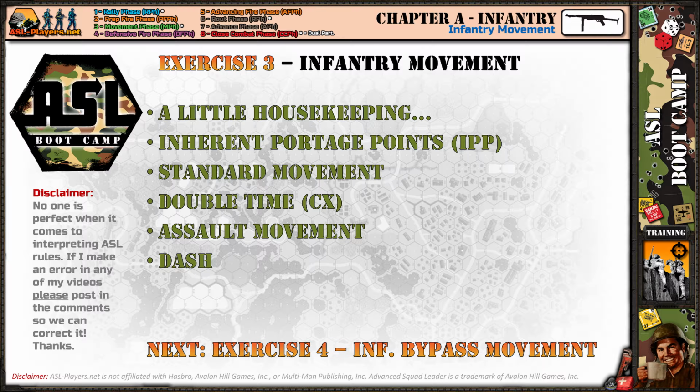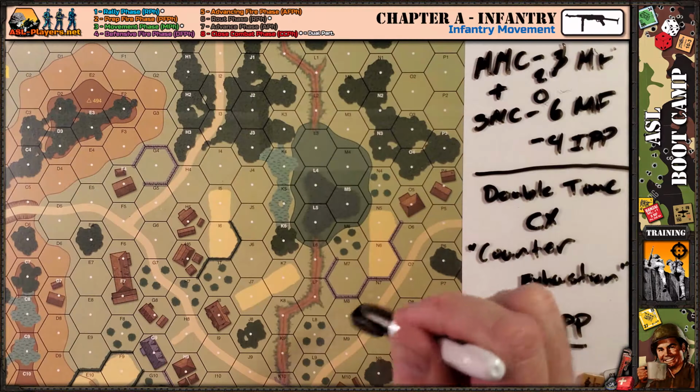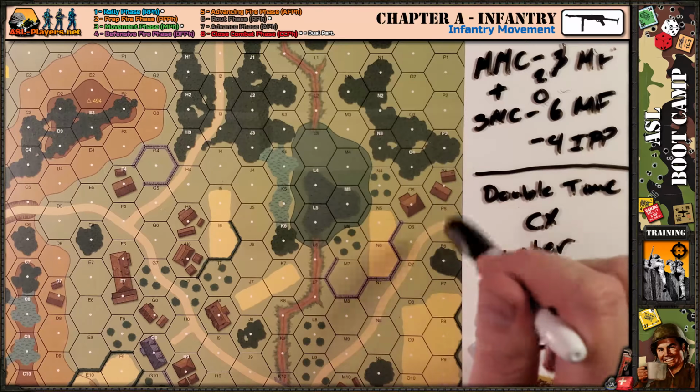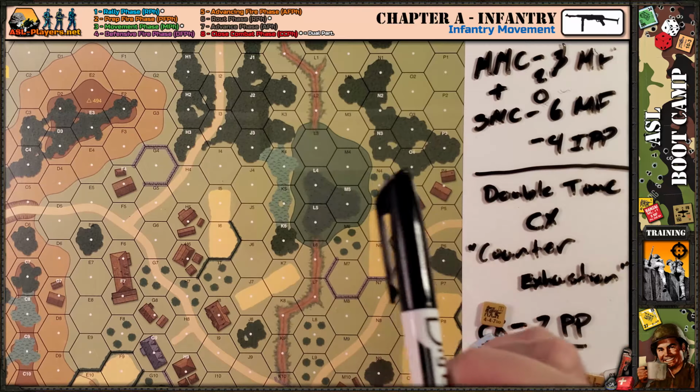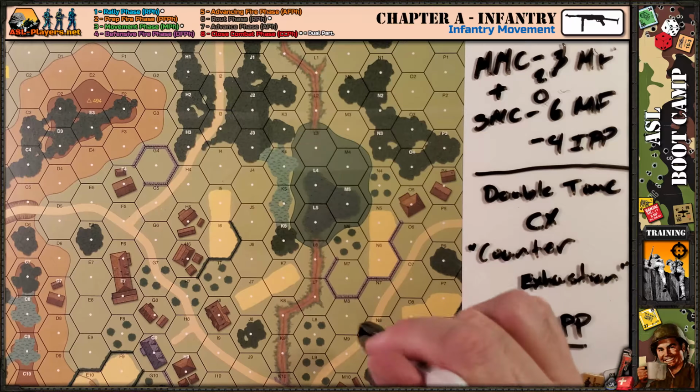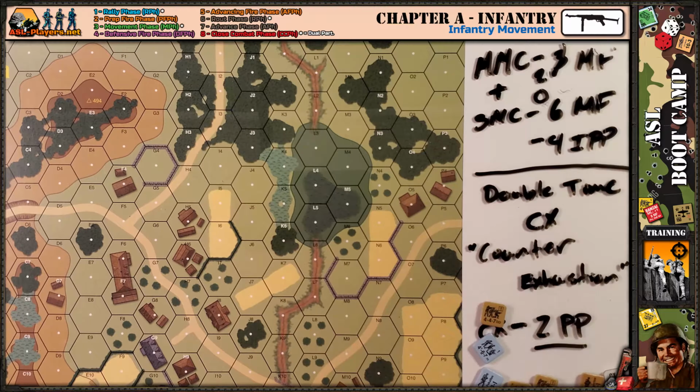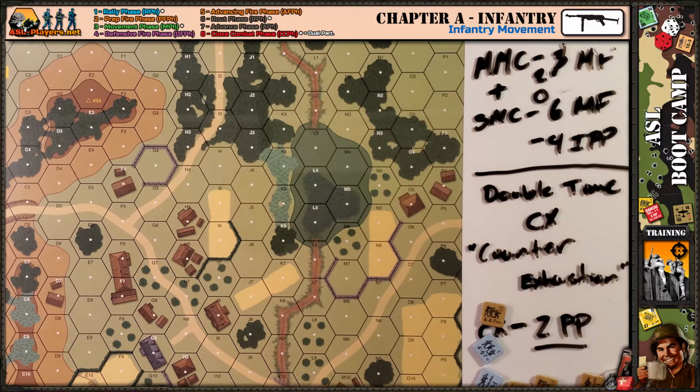Then lastly, a dash, which is the ability to dash across the road from one non-open ground hex into another non-open ground hex, which doesn't necessarily have to be buildings or woods. It could be an open ground hex that you start in, but the line of sight to it is blocked and no one can see you do it. That's still a legal dash. That's it for infantry movement.